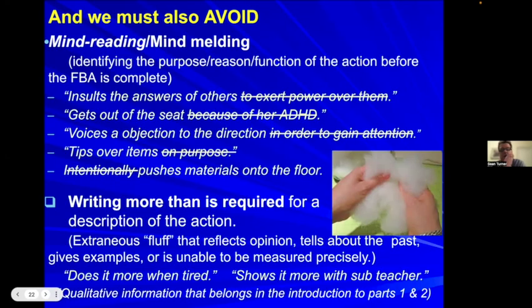Mind reading. These are the things that you probably in your first draft are going to do because that's what we do as teachers. We love our kids and we know the reasons that they're doing that. They get out of their seat because they have ADHD. They insult answers to others, maybe to exert power or because they're trying to avoid doing the work because they can't do the work. There's always a reason.